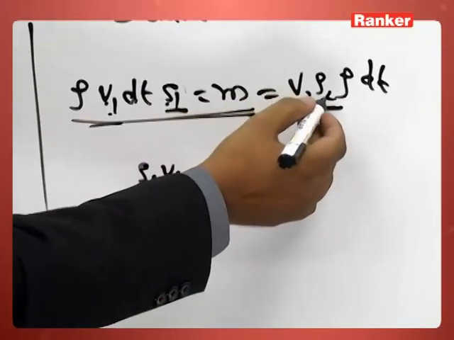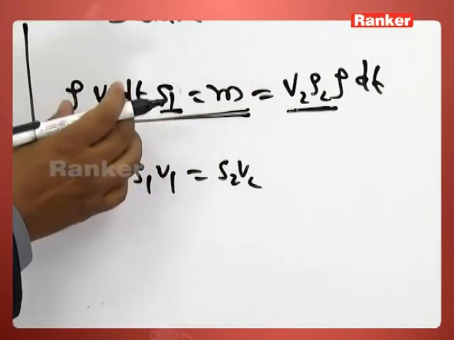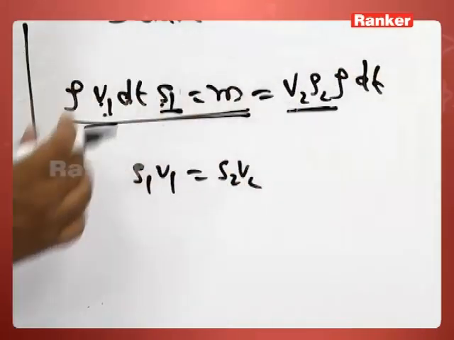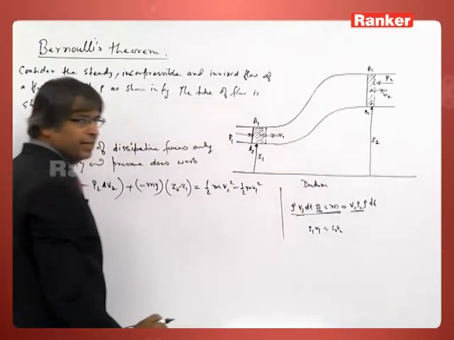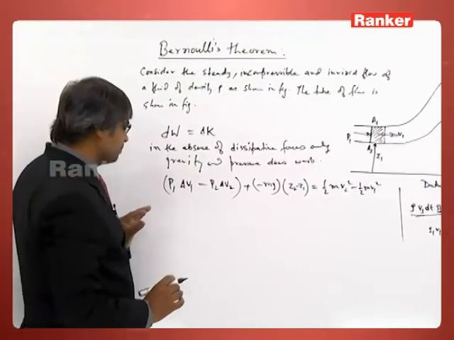If you multiply by rho dt, you will get the mass, and the same mass is transported here. We are considering the same mass.